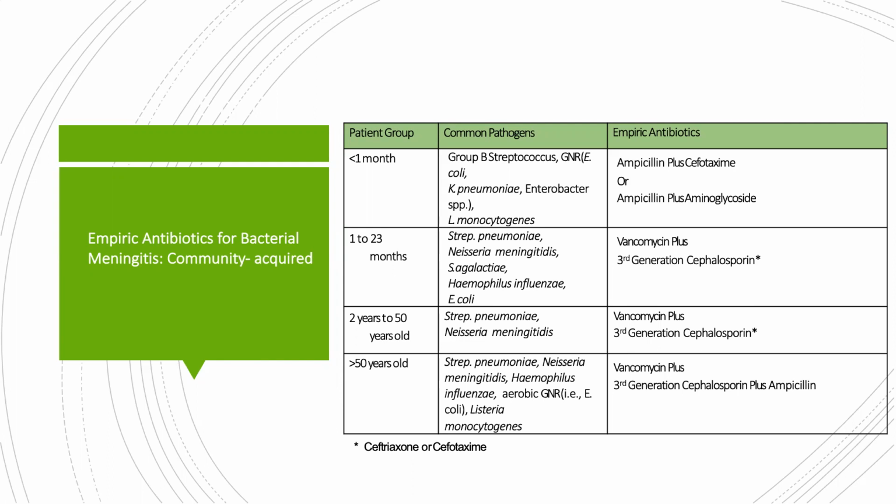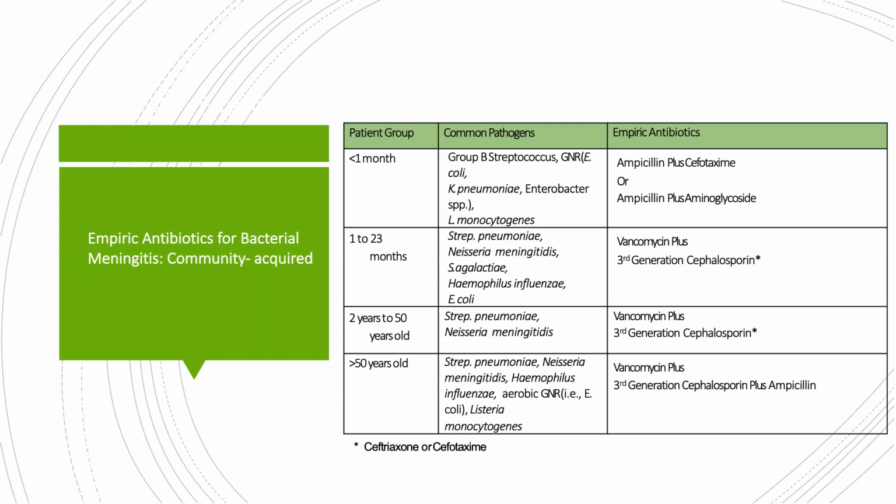So with that being said, we can see higher MICs or higher minimum inhibitory concentrations. So when you see this higher minimum inhibitory concentration, and this is specifically in strep, we want to add on vancomycin, right? Because we know that vancomycin has activity against gram-positive pathogens.